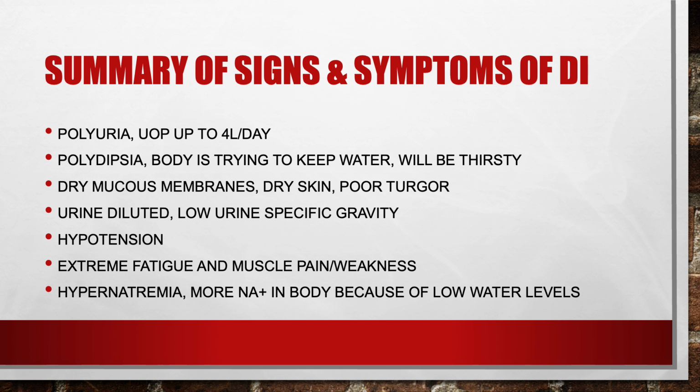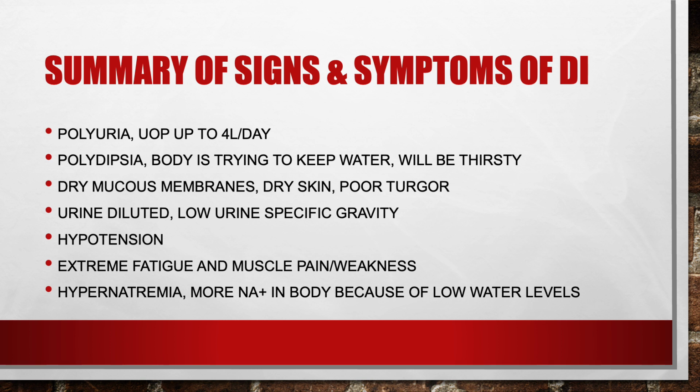And again, those dry mucous membranes, that dry skin, poor turgor. I know it's very repetitive, but it's essential that if you keep talking about it, you'll get it. Or listening to it, you'll get it. Urine's going to be diluted with that low urine specific gravity. So there's just so much in that pee that's just water, okay? Hypotension, because you're peeing it out.